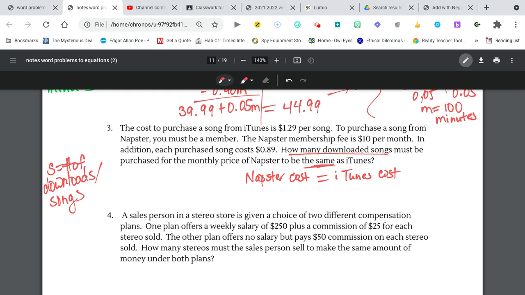Okay, so let's take a look. It says iTunes only charges $1.29 per song. So $1.29 and S go together. I probably need to do this where I have more room. Sorry, guys.